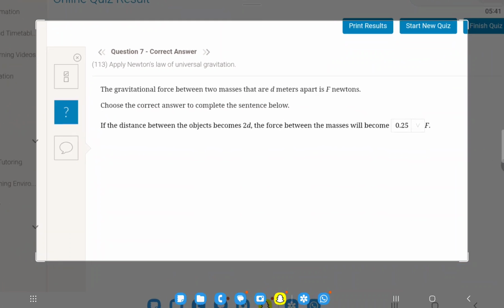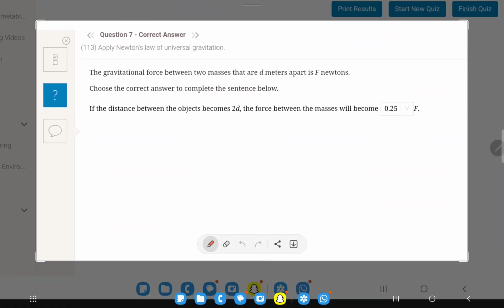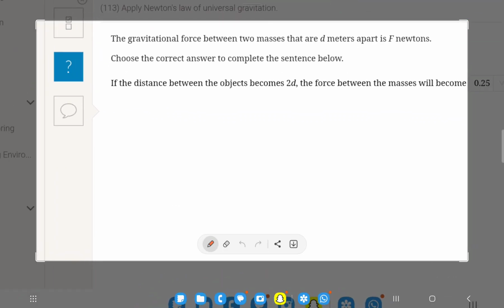The gravitational force between two masses that are d meters apart is F newtons. If the distance between the objects becomes 2d, what will the force between the masses become? Blank F. We know that Fg equals G m1 times m2 over distance squared.